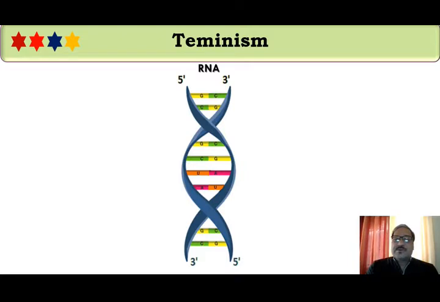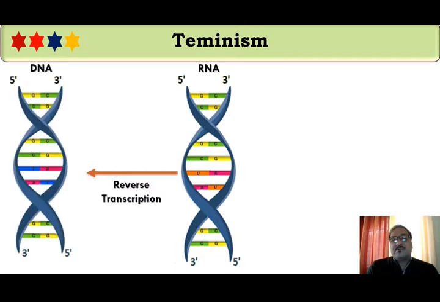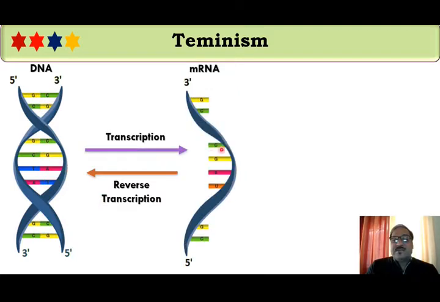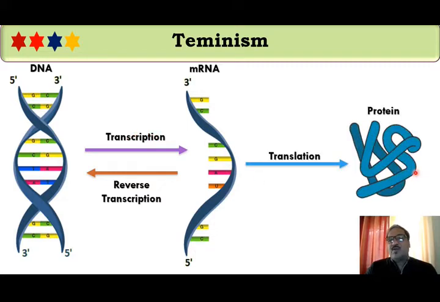Means what happens here is, whatever the genetic information that is present in this RNA is first transcribed to DNA molecule by a process called reverse transcription, and then this DNA molecule transfers that genetic information into the mRNA through a process called transcription, and then this mRNA synthesizes the required protein through a process called translation.